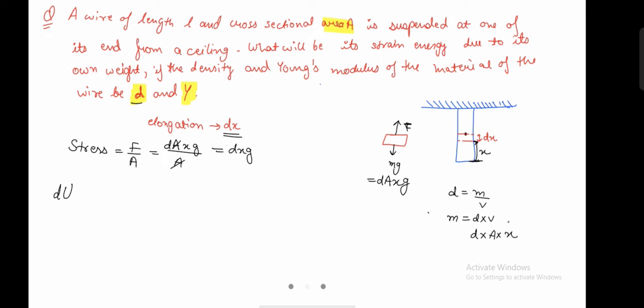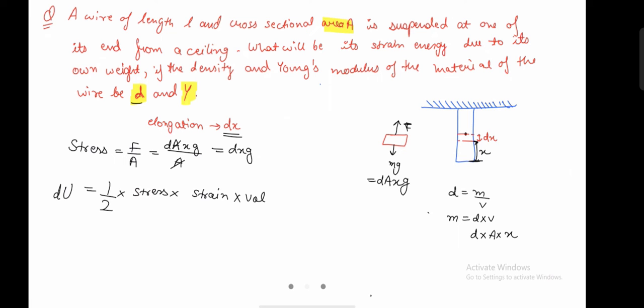Now what is the formula then? The formula is half multiplied by the stress, multiplied by the strain, multiplied by the volume. Let's replace each and every value. You can see from this whole scenario that we are not aware of the strain perfectly, but we are well aware of the stress.